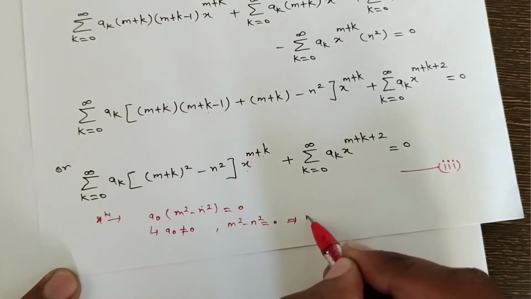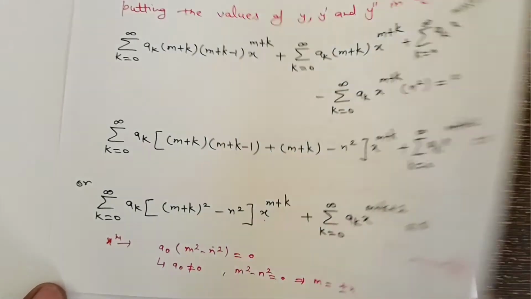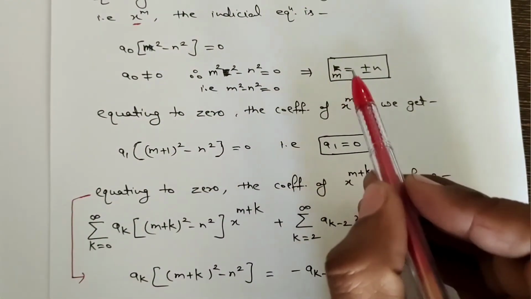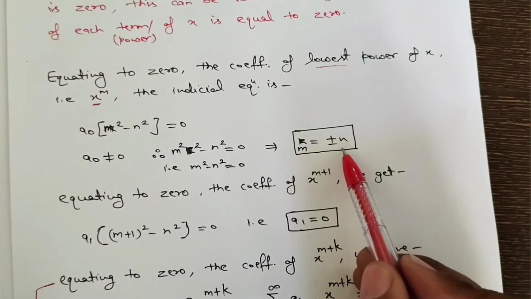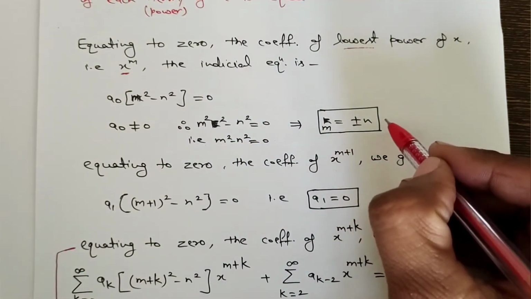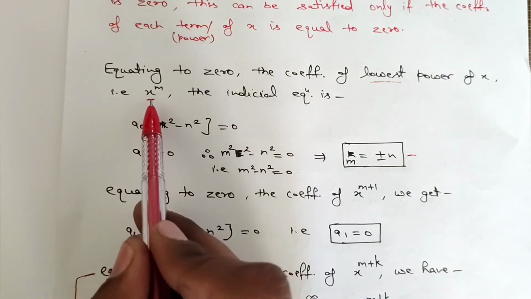So that is m equals to plus minus n. That's the solution of our initial equation. So here there are two different values of m. One value is plus n and the other value is minus n. This value of m is obtained after equating the coefficient of x raised to power m to 0.